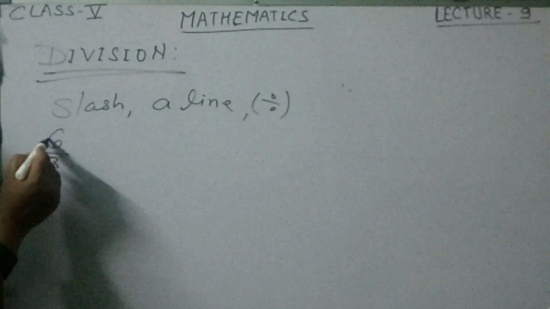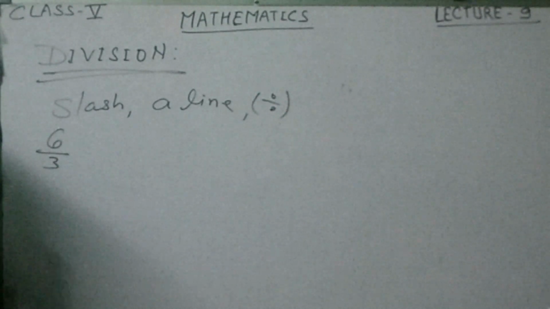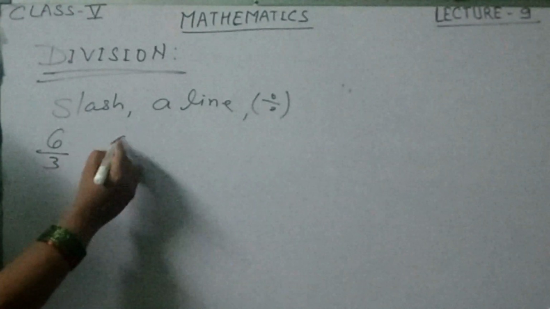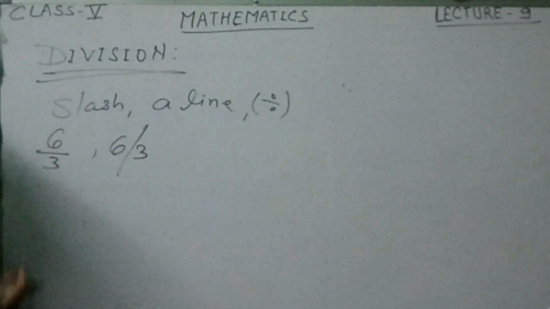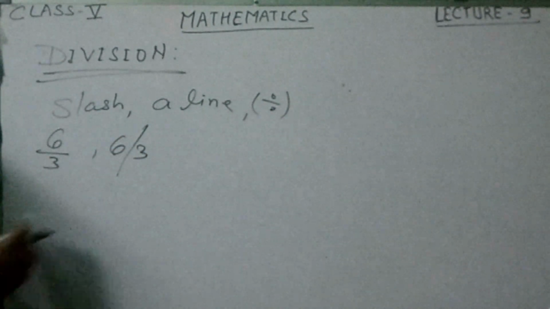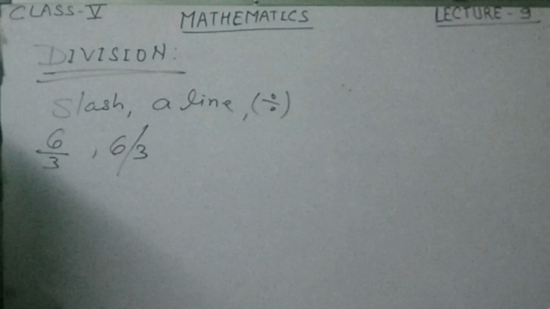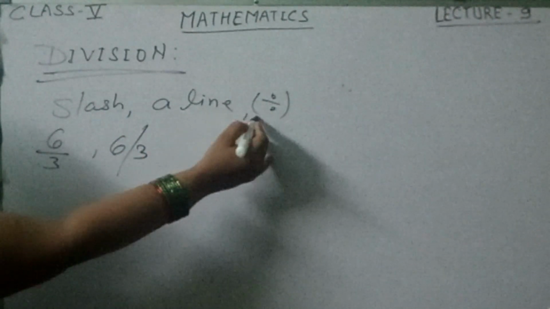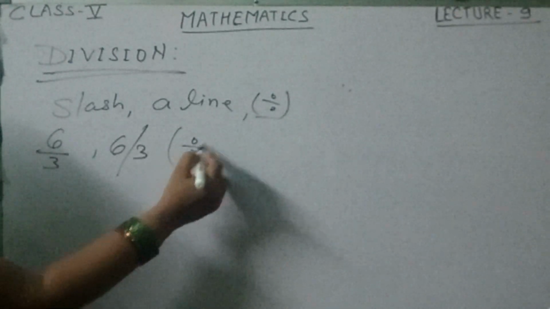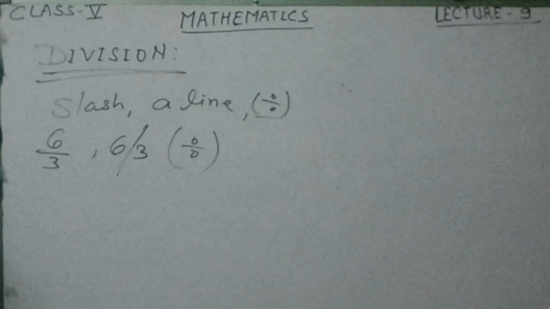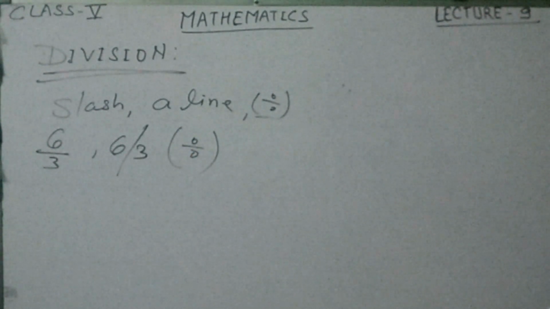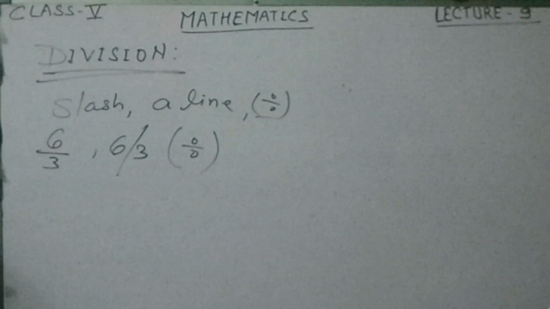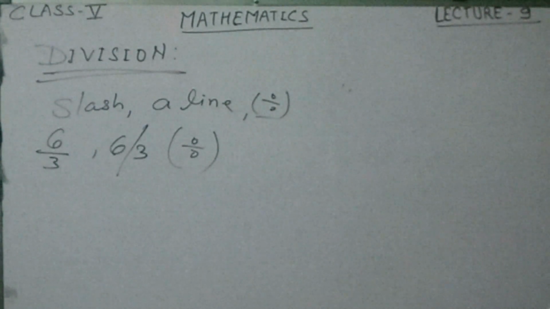Here 6 is the dividend and 3 is the divisor. Again, a line means 6 over 3, like that we are writing. That is also a symbol of division, and this one is the common symbol, the division sign.